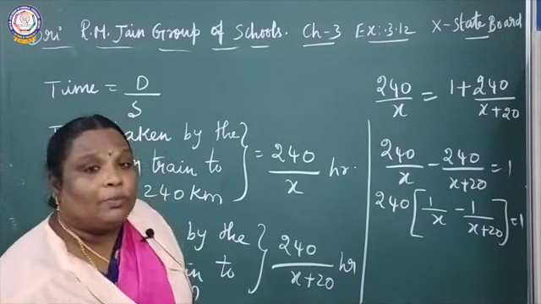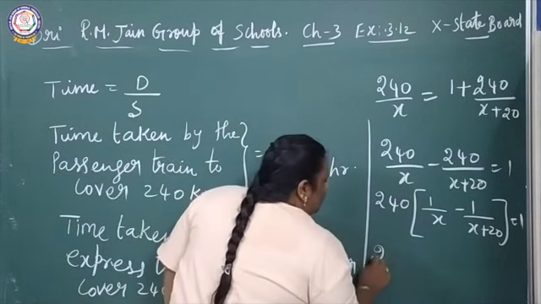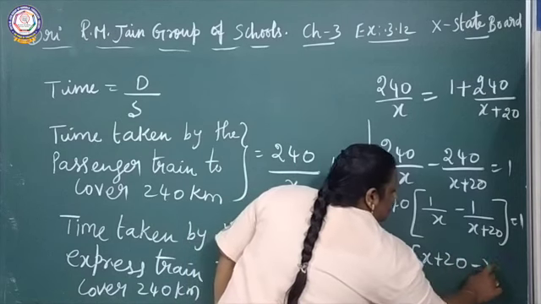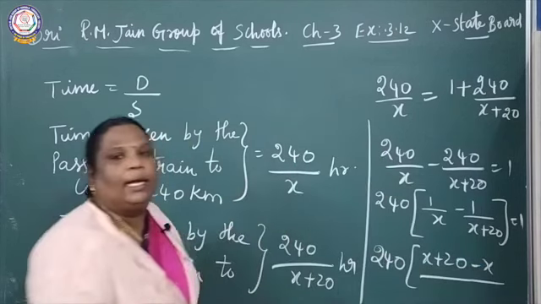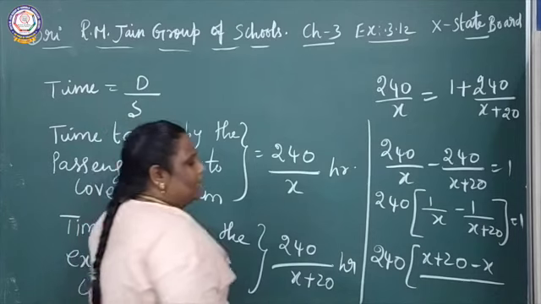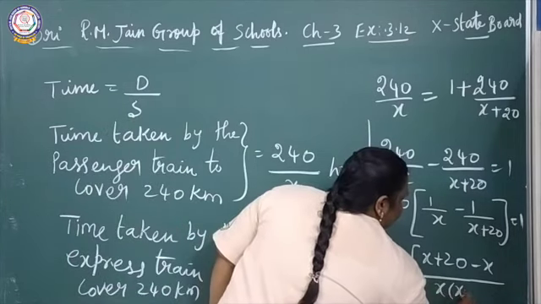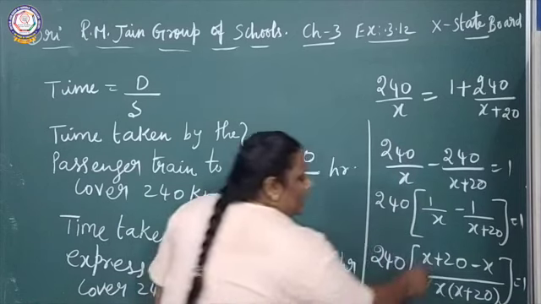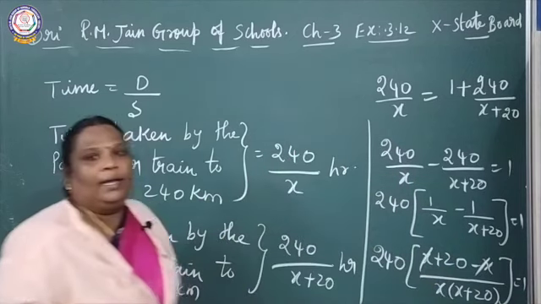Take the cross multiplication: 240 into (x plus 20 minus x) by x into (x plus 20) equal to 1. x gets cancelled.